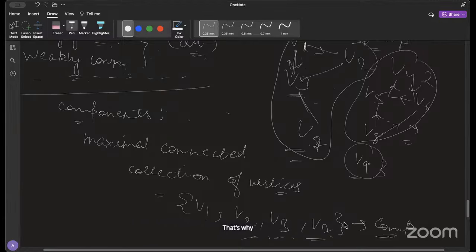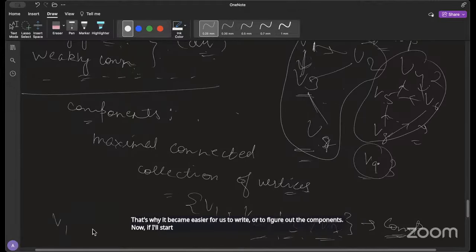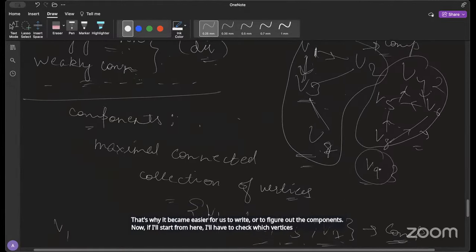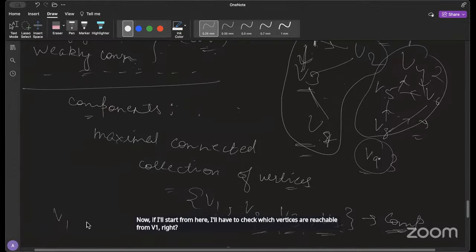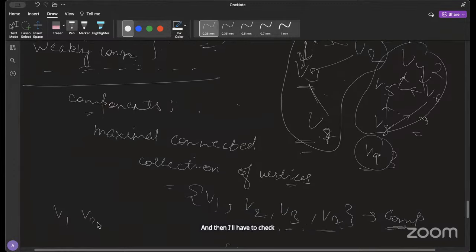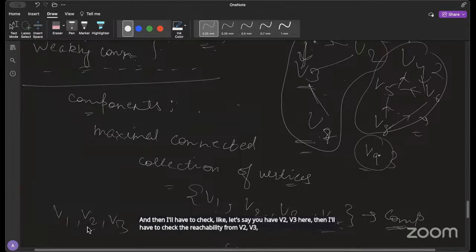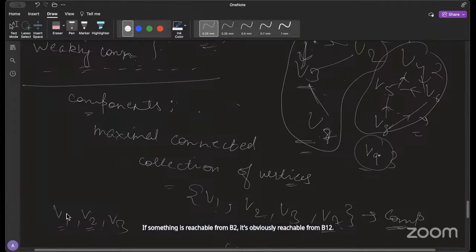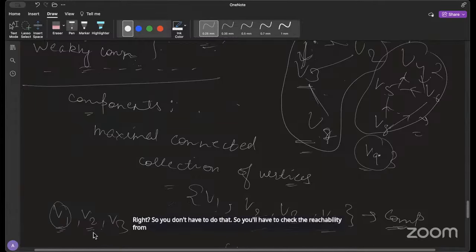That's why it became easier for us to figure out the components. Now, if I start from here, I'll have to check which vertices are reachable from V1, right? Let's say you have V2, V3 here, then I'll have to check the reachability from V2. If something is reachable from V2, it's obviously reachable from V1 too, right? So you don't have to do that. You'll have to check the reachability from V1.